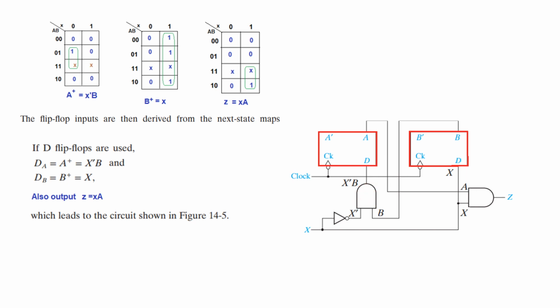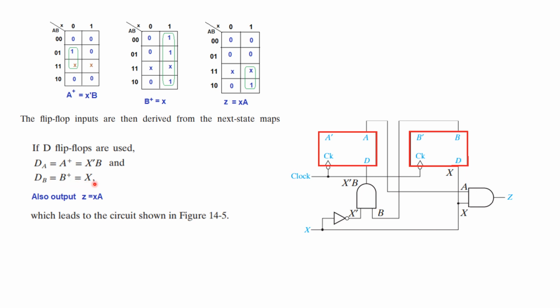One of the inputs should be X dash and the other input should be B. We got this input from the B flip-flop and connected, and to get X dash we take a signal X and use an inverter to get X dash. So X dash B is complete for the first one.